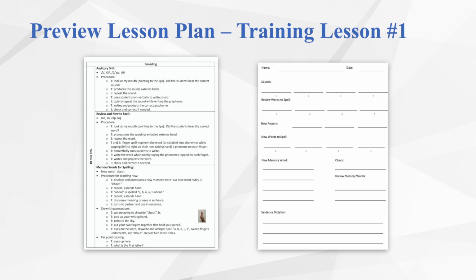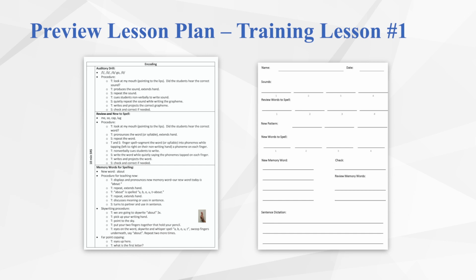Just as we did in the decoding section of the OG lesson, we'll be working on a part-to-whole model, and from review to new. During encoding, we use a student response sheet, or SRS. On the right-hand side of your screen, you see a sample of an SRS. We'll talk in more depth about the SRS later in training. Looking at the left-hand side of your screen, we start off with an auditory drill.